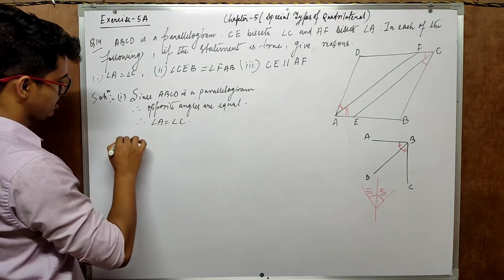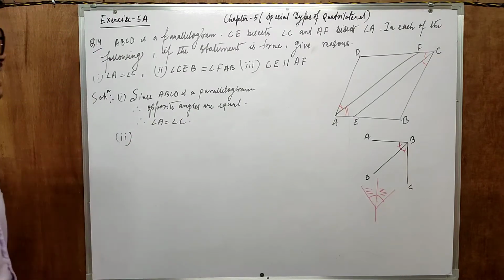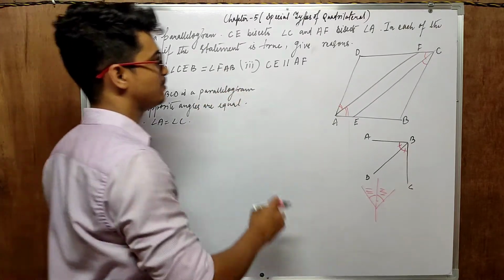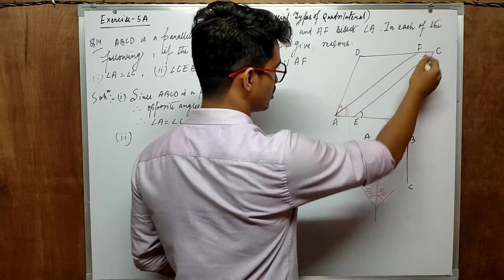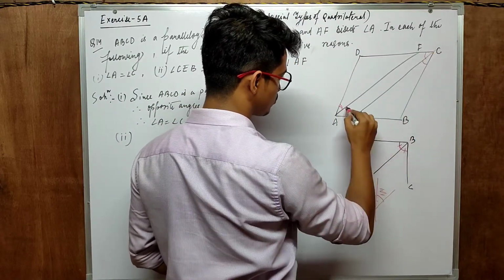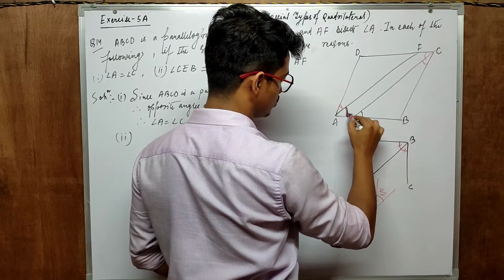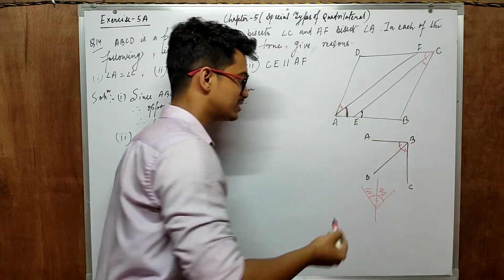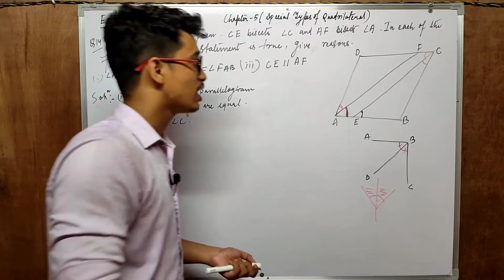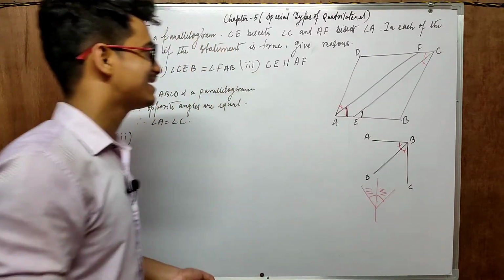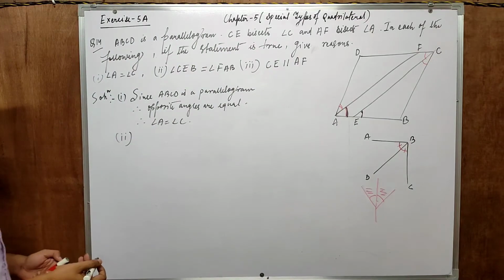No problem. Now question number 2, that is angle CEB equal to FAB. CEB, this one, equal to FAB, this one. These two, I need to prove whether they are equal or not. So that is the question. How will I do it? Now just see.